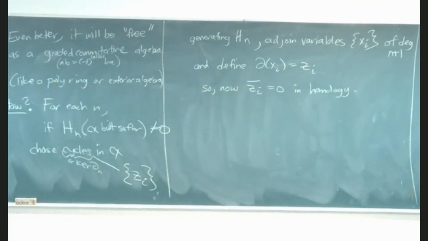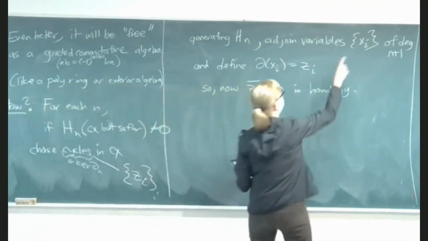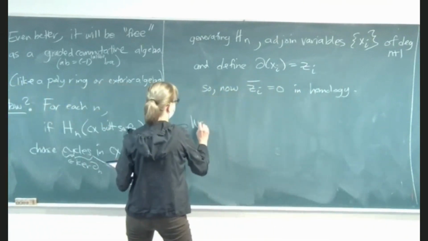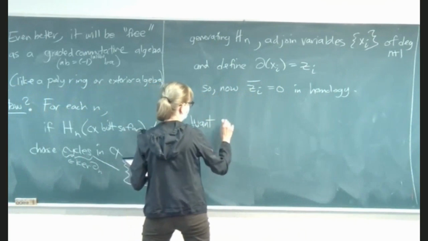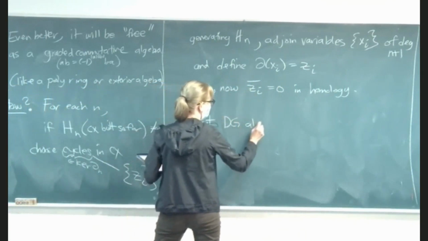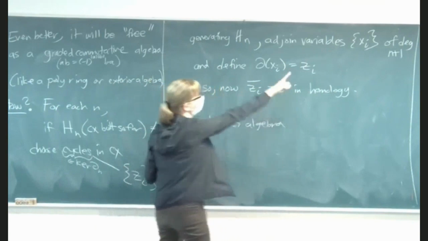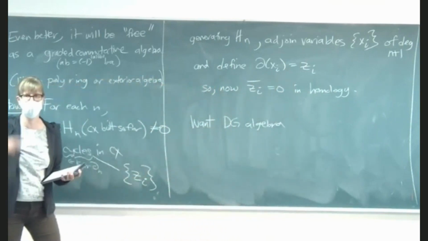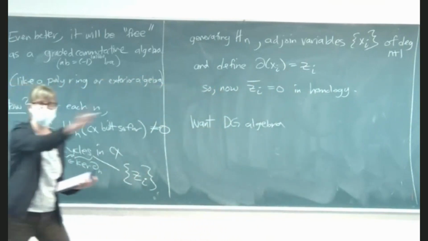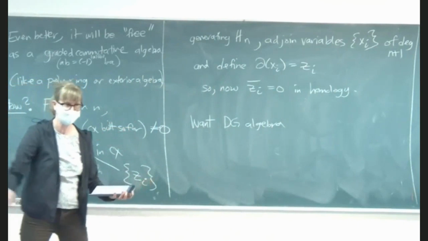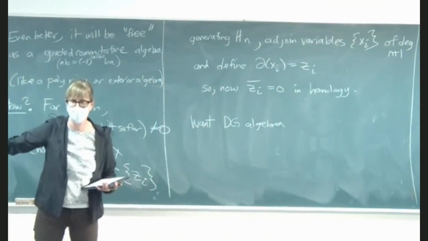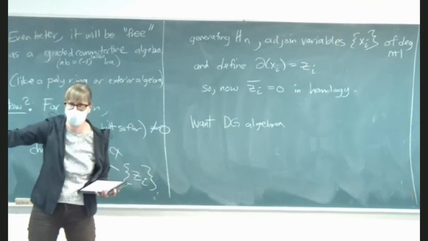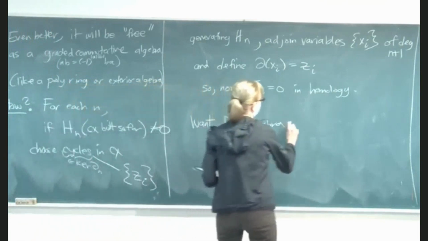Okay, but we want to keep having an algebra. So if we want an algebra, a DG algebra, so if you put in xi, you have to put in xi squared. You put in xi times everything else that's already there. You have to put in the whole entire algebra generated by xi.